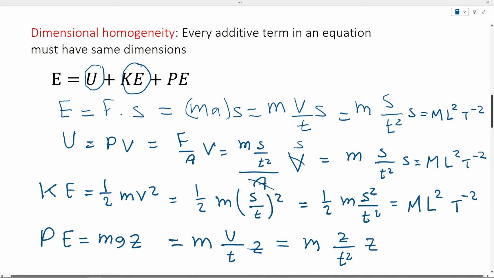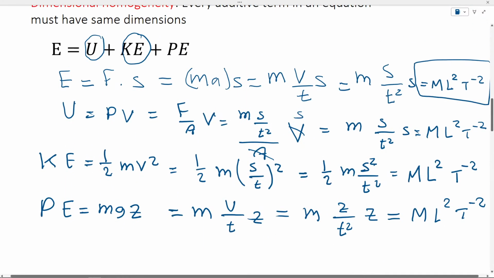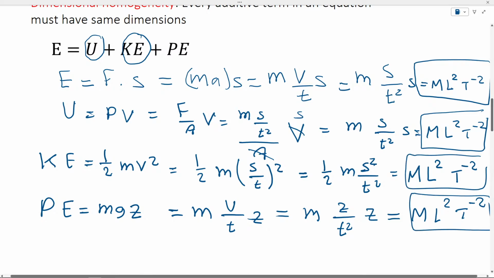Again, I get L, t, m, so m L squared t to the minus 2. So you see this term is equal to this term, equal to this term, equal to this term.